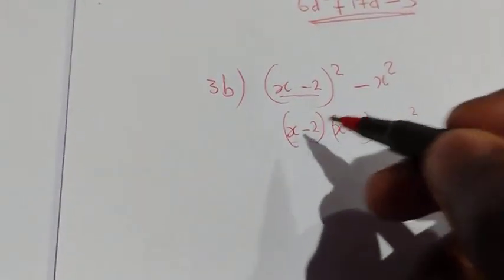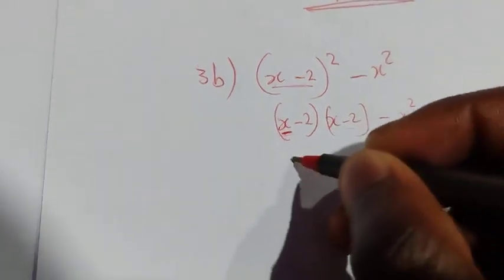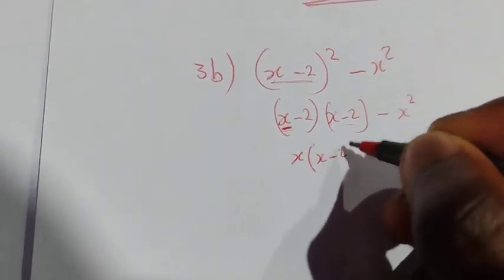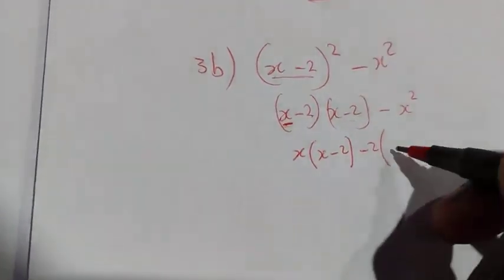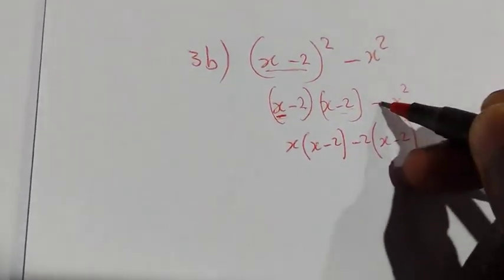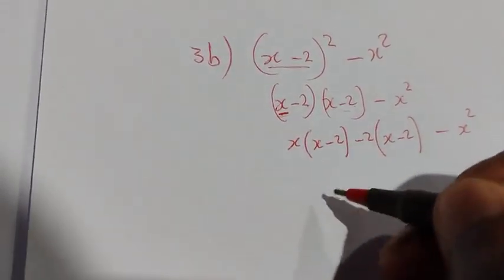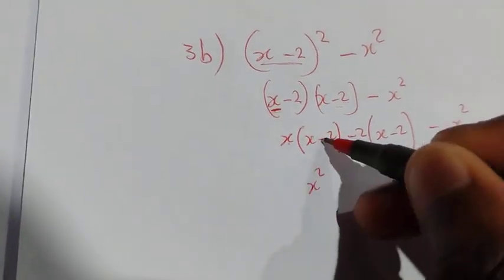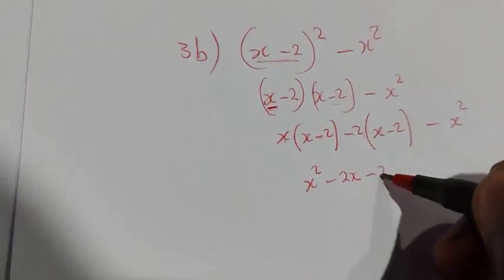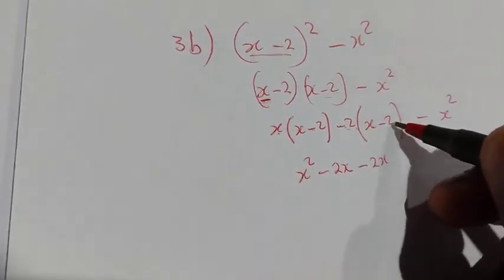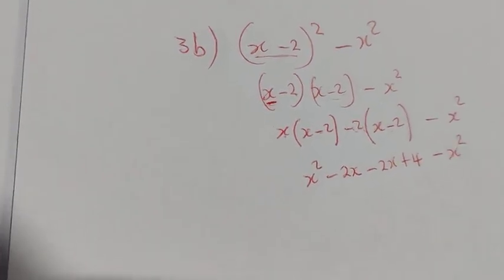So here we know it's expansion, so x will multiply x minus 2. Also minus 2 will multiply x minus 2 again. Then we have minus x squared. x times x, x squared. x times minus 2, minus 2x. Minus 2 times x, minus 2x. Minus 2 times minus 2, that's plus 4. Then minus x squared.